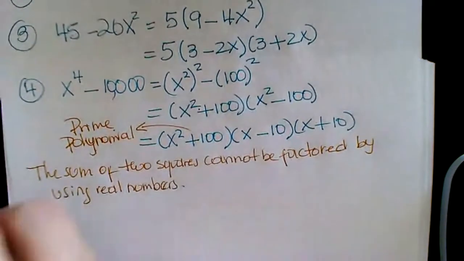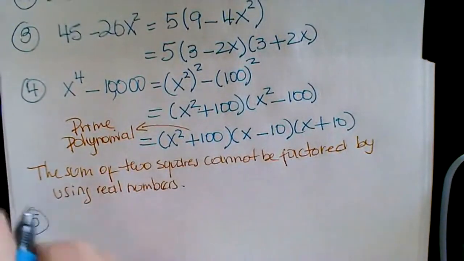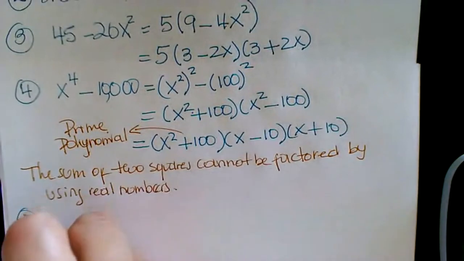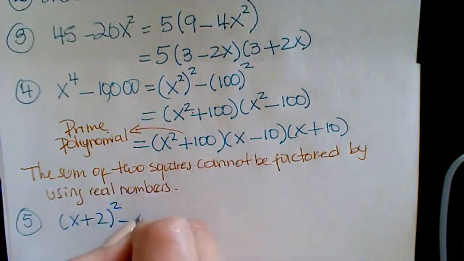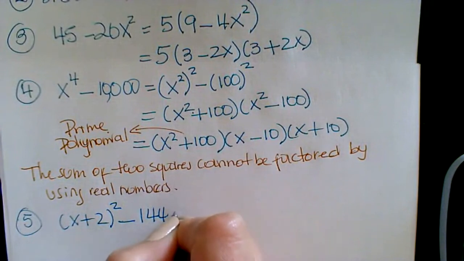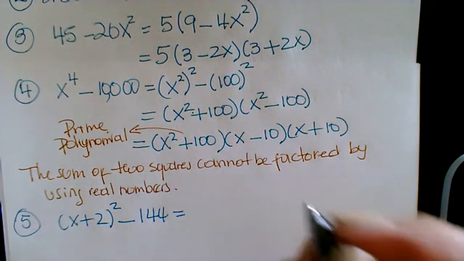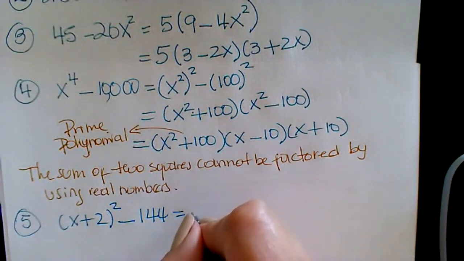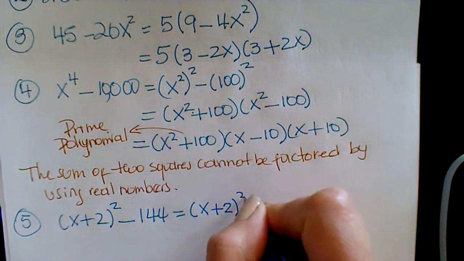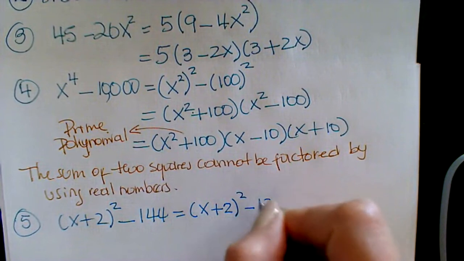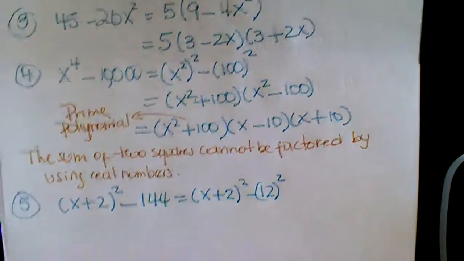Okay? And now, number 5, x plus 2 squared minus 144. So this is x plus 2 squared minus 12 squared.